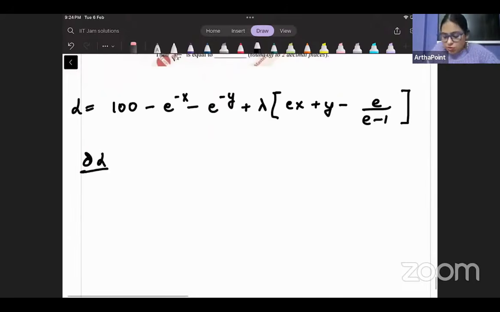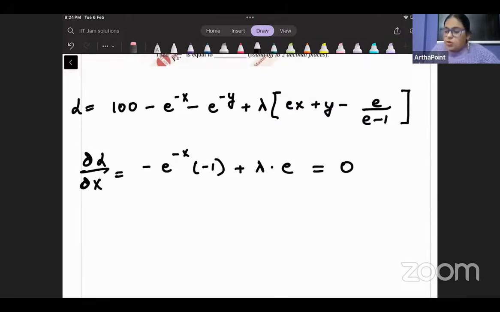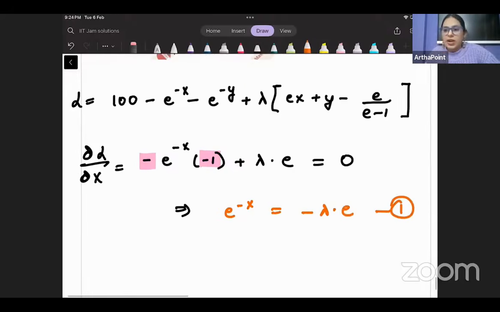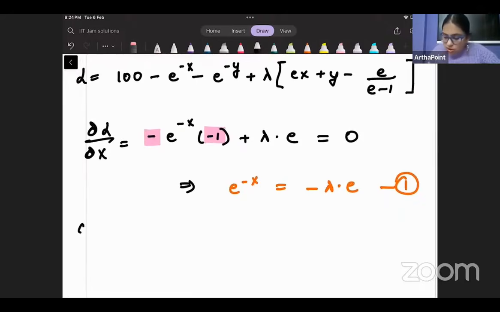Differentiate this with respect to x. क्या मिल जाएगा? Minus e to the power minus x into minus 1 plus lambda into e equal to 0. So from here you will get, ये तो +1 हो गया ना, -1 into -1. So you will get e to the power minus x will be minus lambda into e. Equation number 1. बेटा equation number 2 करो.